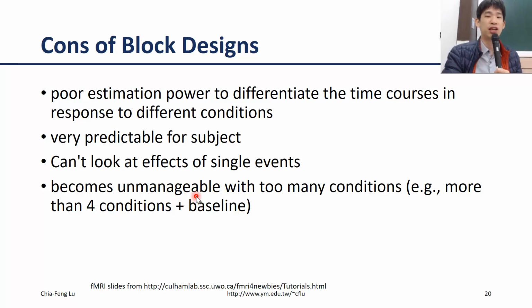That is what we call unmanageable. Each condition may need at least 3 to 5 blocks, and you need to consider the baseline or resting interval. Then the scan time may become around 20 or 30 minutes, simply for this fMRI study. So this is a situation you need to consider. If you have so many different conditions, block design may not be a proper way to do so.